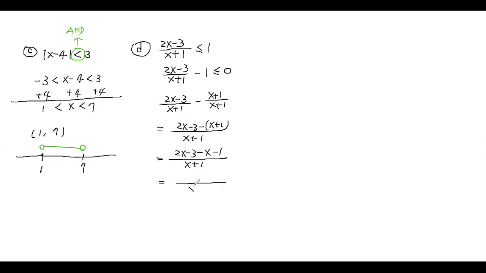So this is (x minus 4)/(x plus 1). Now, just like you did for polynomial factoring, you set the top equal to 0 and the bottom equal to 0 and see what the value of x is. The top equal to 0 gives x equal to 4. And the bottom gives x equal to -1.